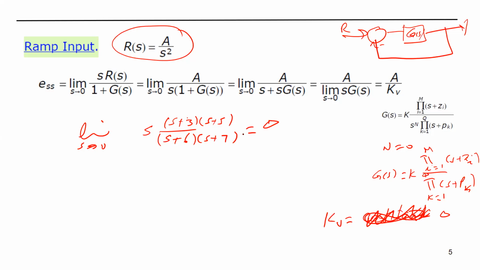Then it becomes S cubed on top and S cubed below, so this is not infinity, right? No, listen, this is clear. I have S multiplied by this one. This S goes to 0, so no matter what you have, it will be 0.